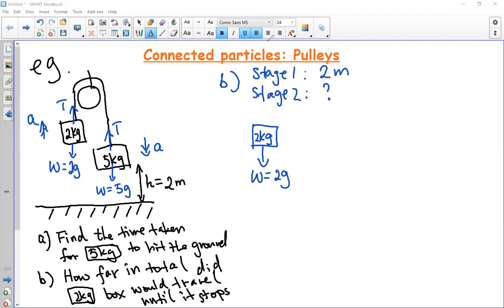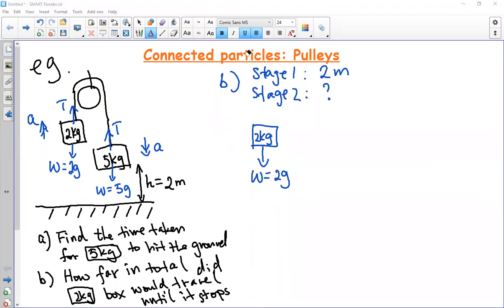So really what is happening here is that we have an acceleration going downwards. Maybe that's quite confusing.